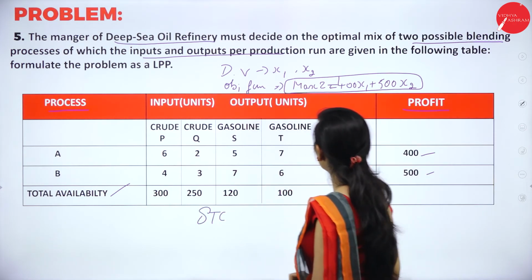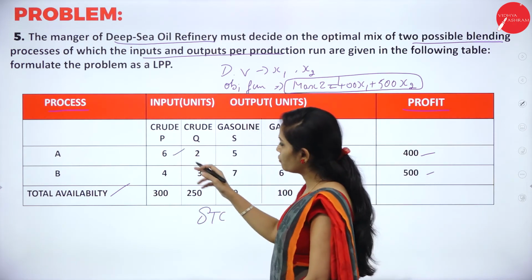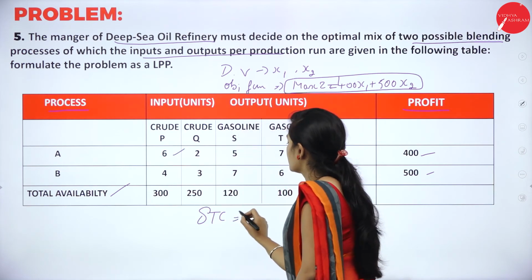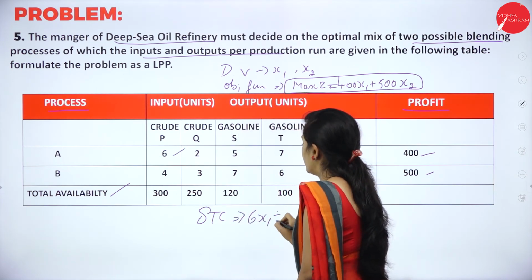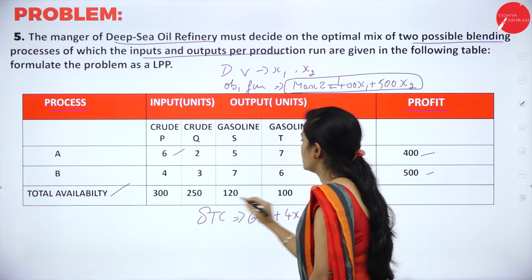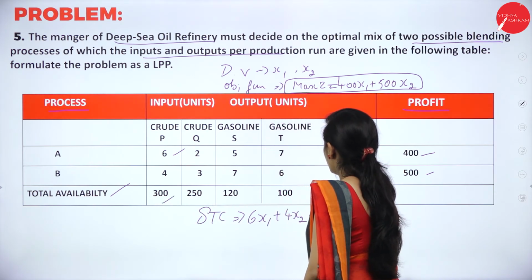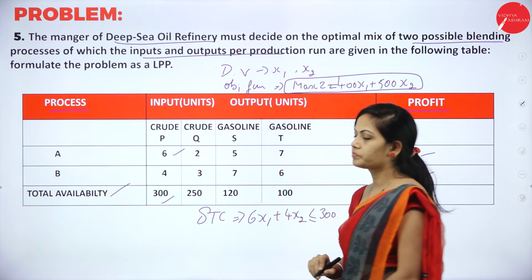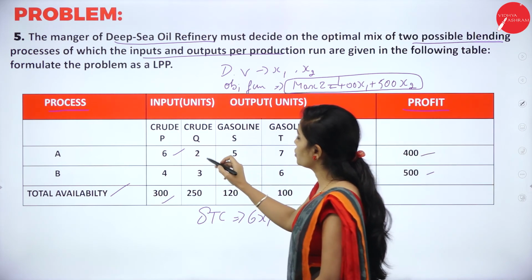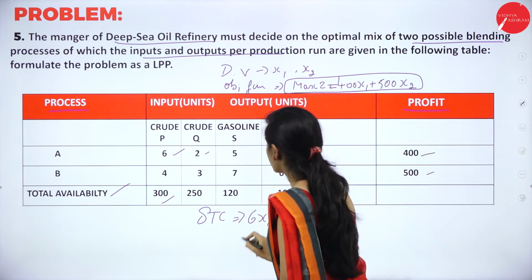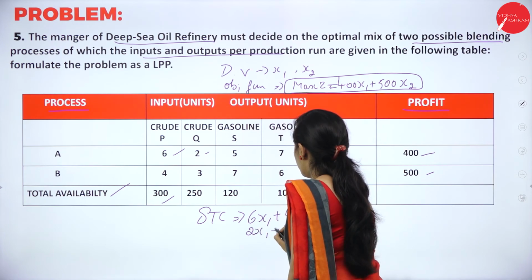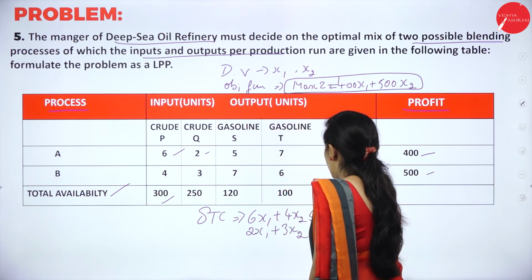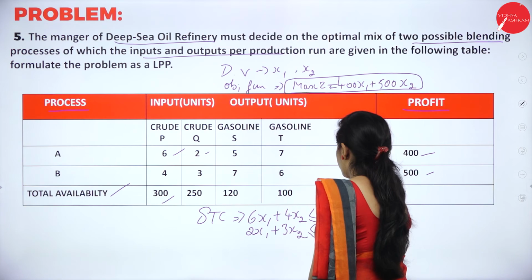For the first crude process: 6x1 plus 4x2 less than or equal to the availability 300. And for the second crude: 2x1 plus 3x2 less than or equal to 250.